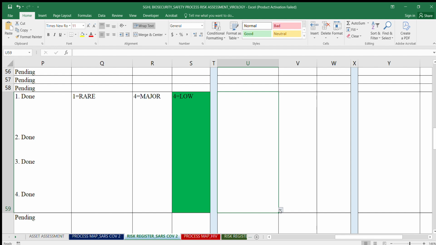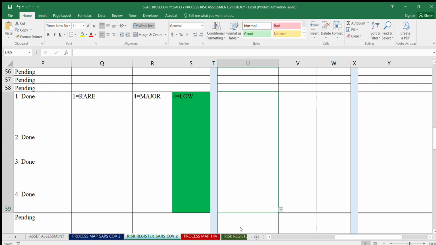So maybe at the second review, you find that practice has changed. People have gone back to discarding samples without autoclaving. It means that there's something which is not working. Is it that maybe something has broken down? Is it that the autoclave is not working?